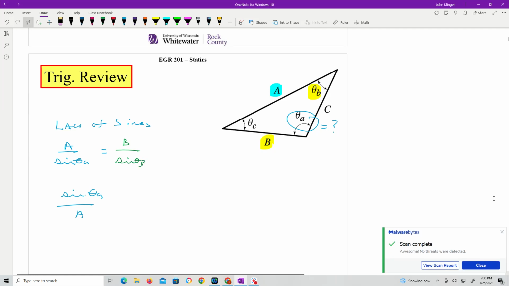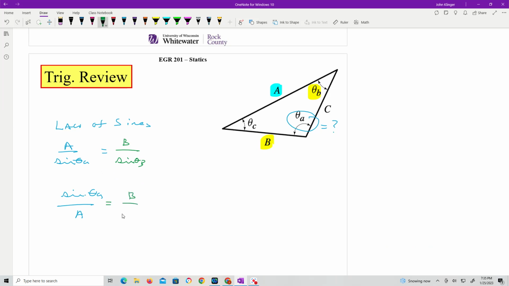Likewise, you can take that further and say C over sine theta C, or rather sine theta C over C, and these of course are switched.